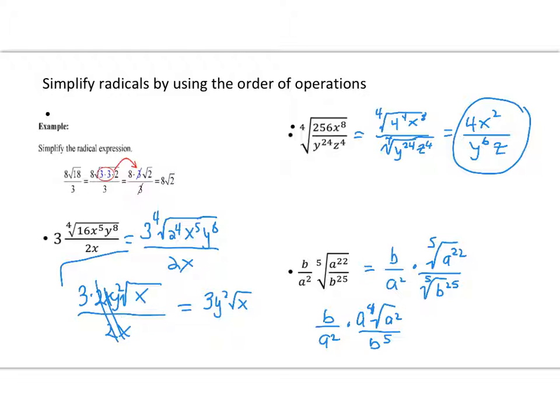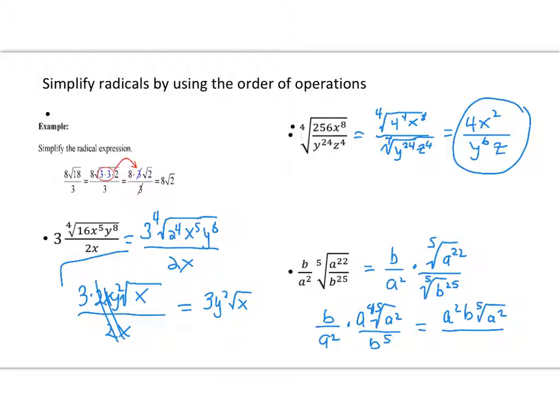And now I have some cancellations to do. a squared goes into a to the 4th a squared times, so I have a squared b on top, the 5th root, I'm sorry, there has to be a 5th root here, of a squared.